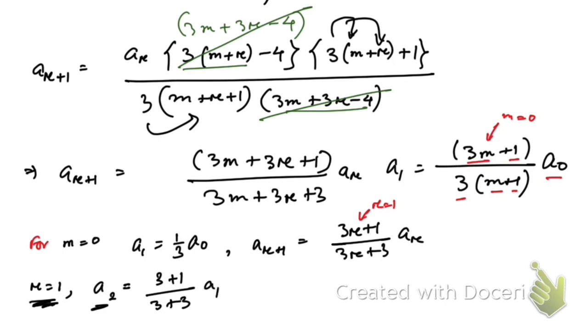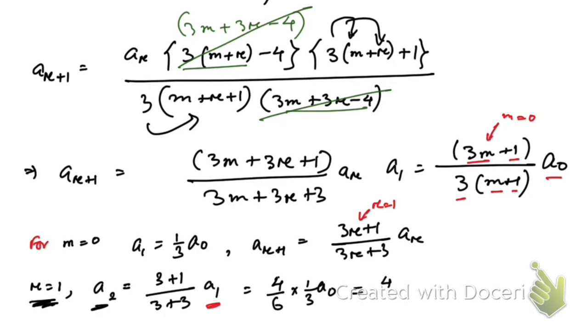Now what we're going to do here, we're going to replace this a1 by this value of a1, put this one here, then what you will get is 4 by 6 into 1 by 3 a naught. That is what we're going to have, and it becomes 4 by 18, or you can cancel, right?